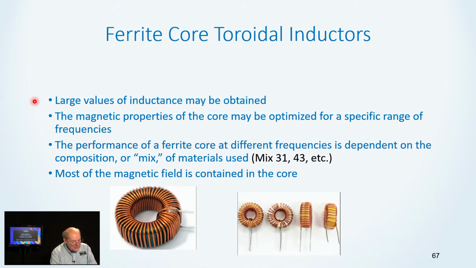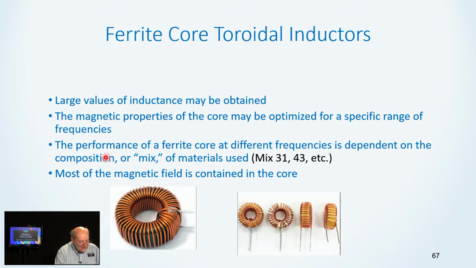Benefits: large values of inductance may be obtained as compared to other kinds of inductors. The magnetic properties of the core may be optimized for a specific range of frequencies. So some core materials will work better at VHF or UHF, and that's what you would want to use, again, if you were designing equipment.